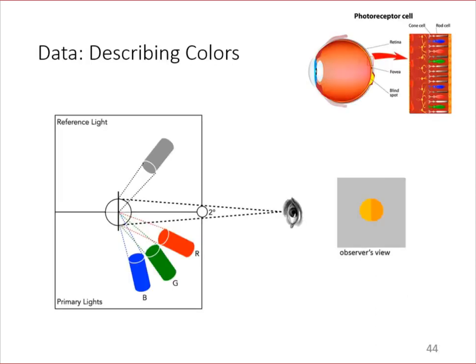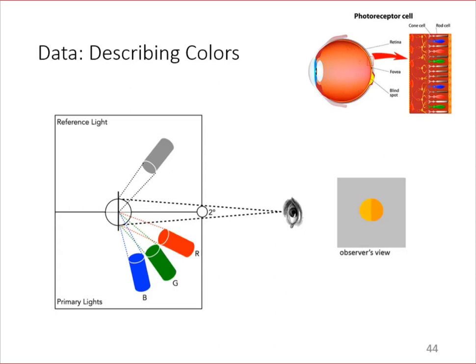So for data, if you have image data, what's the meaning of those data? We need to describe what the data is, so we need to start from color. How do you describe a color? Because color is a feeling of our brain, right? We sense this is red and that is green.